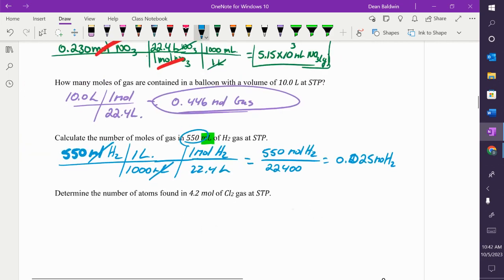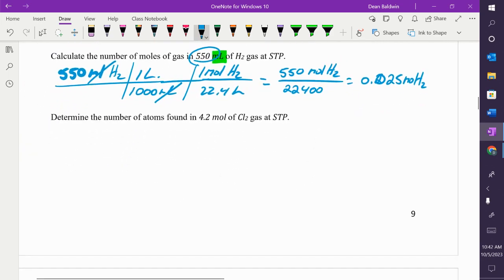All right. Last one before I give you a couple on your own. Determine the number of atoms found in 4.2 moles of chlorine gas at STP. So we're given 4.2 moles of chlorine gas. Remember, chlorine is a Brinkelhoff gas: chlorine, fluorine, bromine, oxygen, hydrogen.